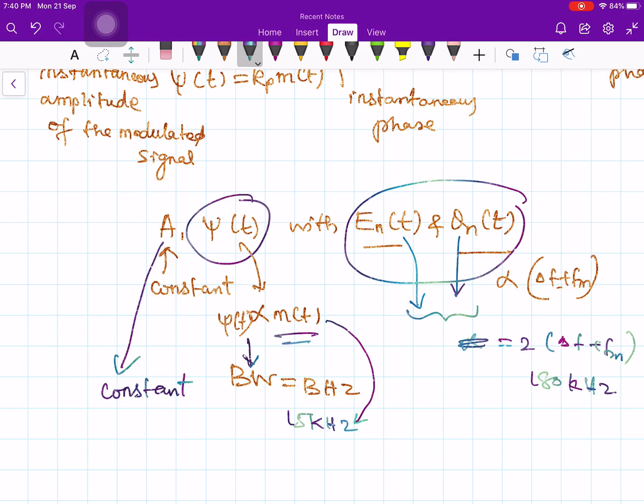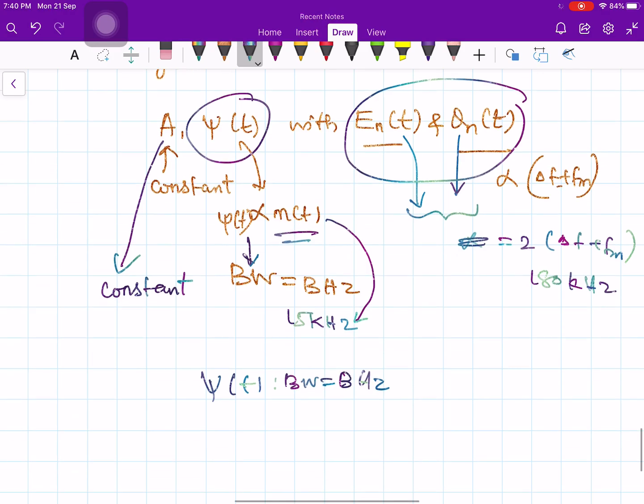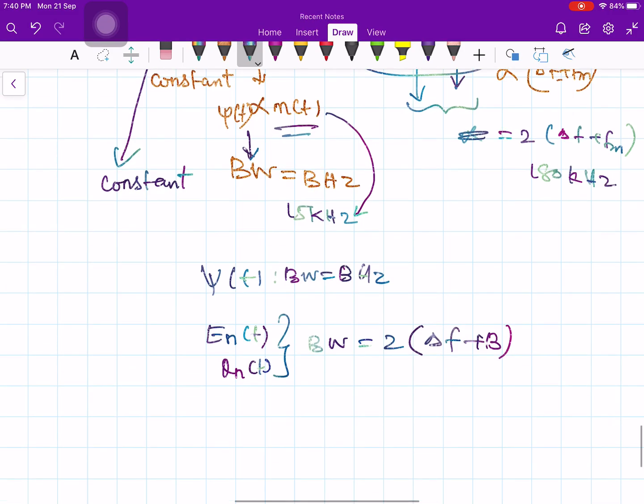So therefore, psi of t has the bandwidth of b hertz, and this En of t and theta n of t, both of these have bandwidth of 2 times delta f plus b. And these are low pass signals. Your message signal is a low pass signal.